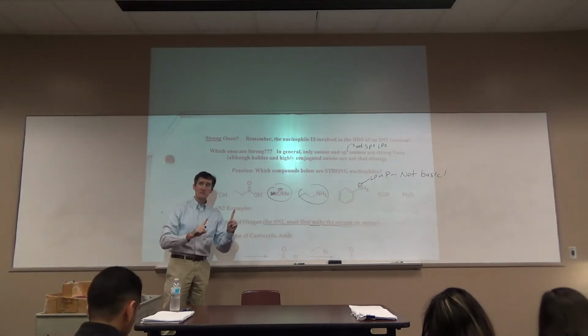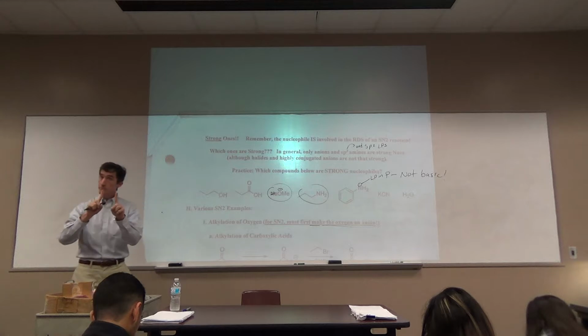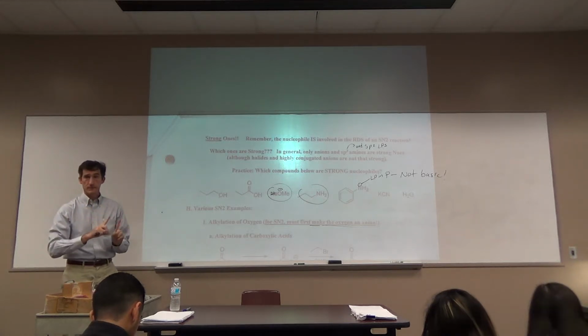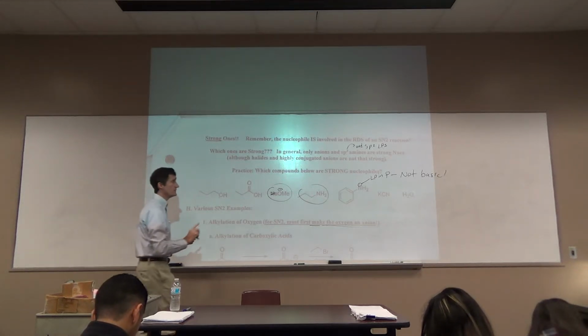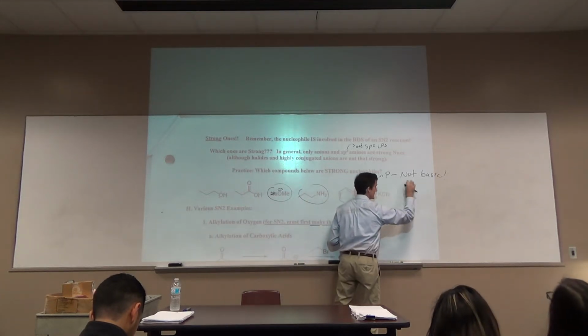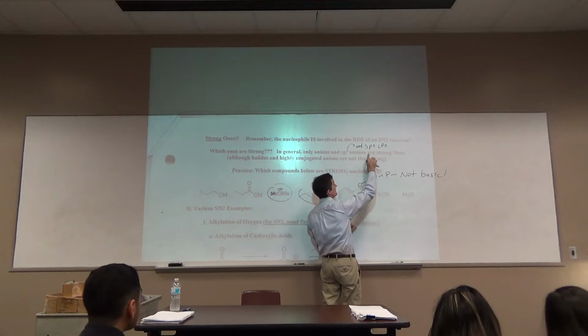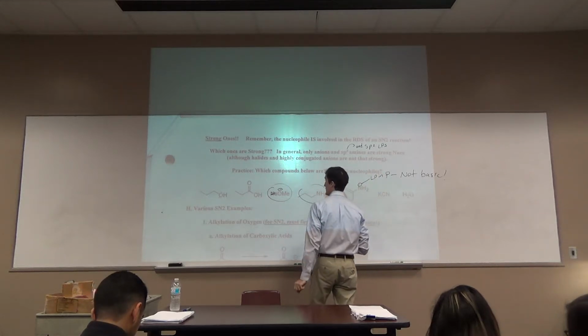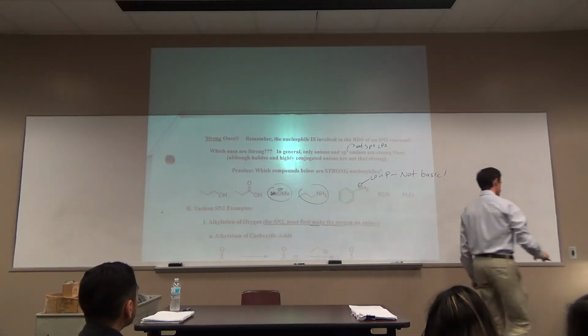But once you start talking about sp2, you've got to clarify: is the lone pair in an sp2 or p? Because you have two possibilities. If it's in a p, it's certainly not basic, or much less basic.